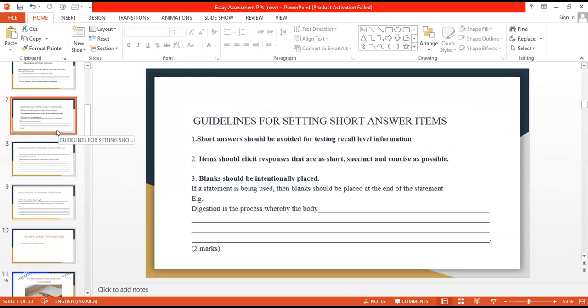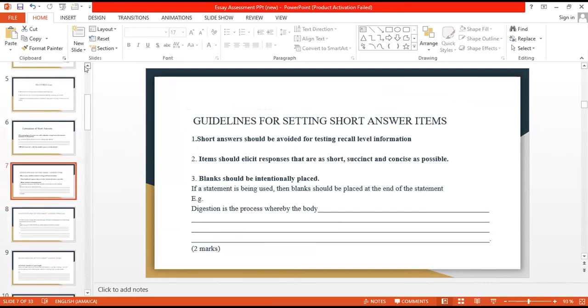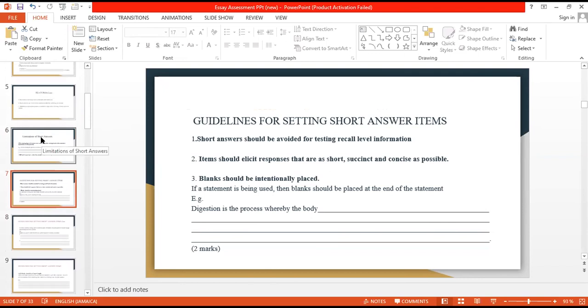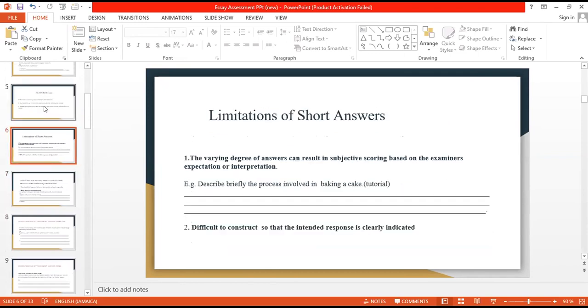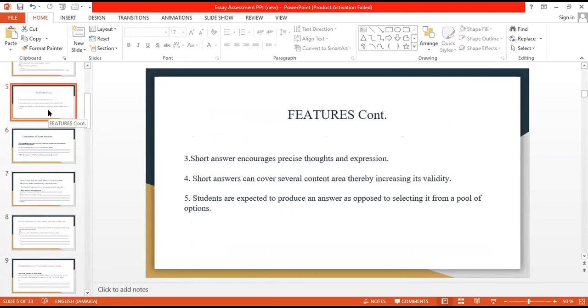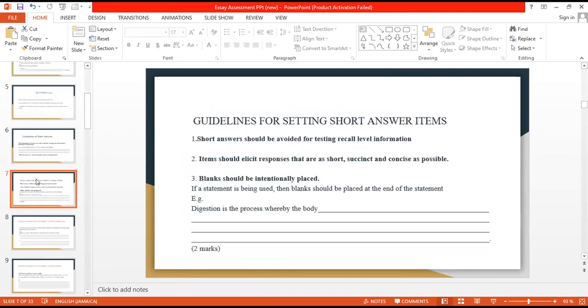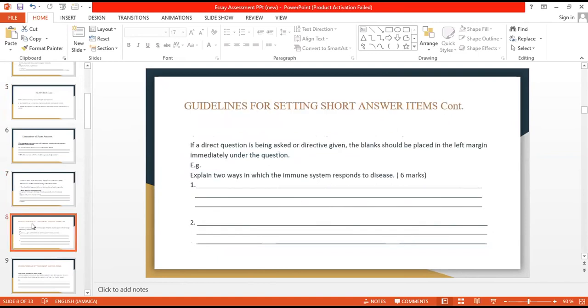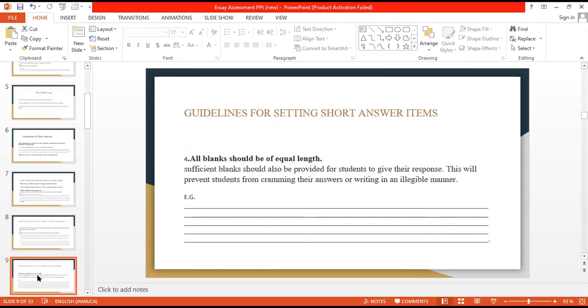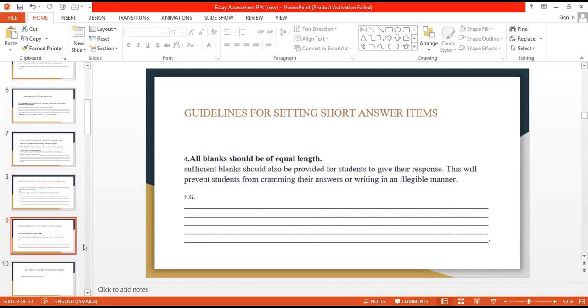What was another important guideline she gave in terms of quality of a short answer, to maintain the quality of it? Anything else? Not necessarily formatting, no, but just the quality of the item itself. This is a short answer. It's a constructed, open-ended kind of response item.